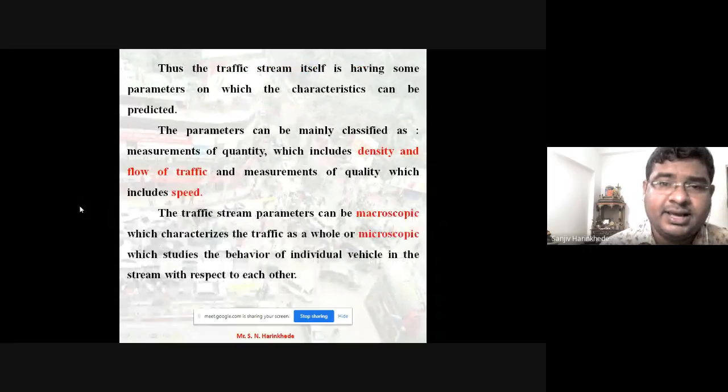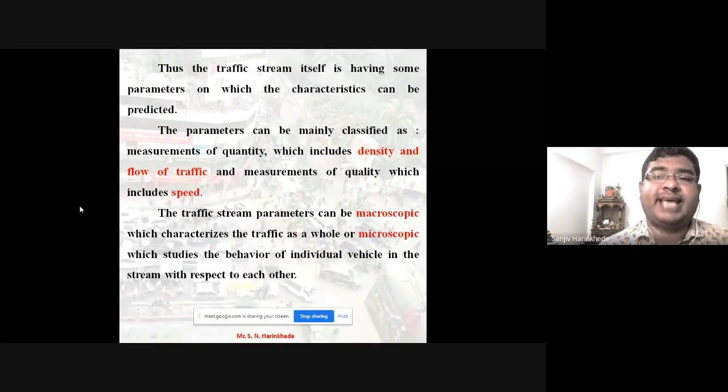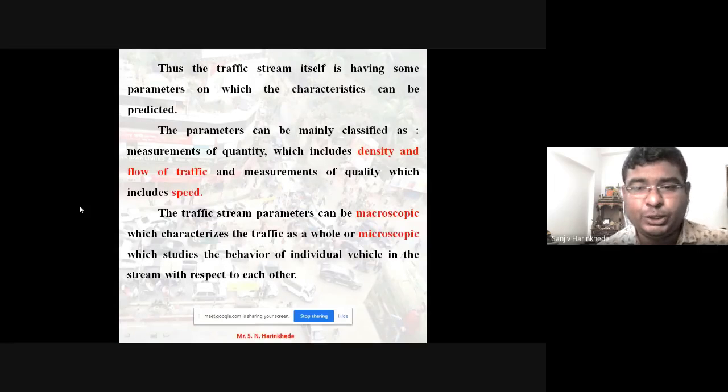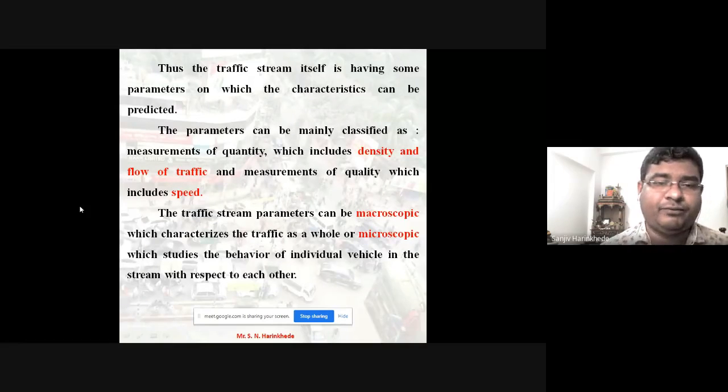Thus, the traffic stream itself has some parameters on which its characteristics can be predicted. The parameters can be mainly classified as the measurement of quantity, which includes density and flow of traffic, and the measurement of quality, which includes the speed.